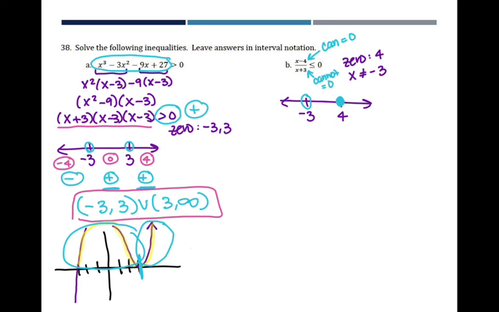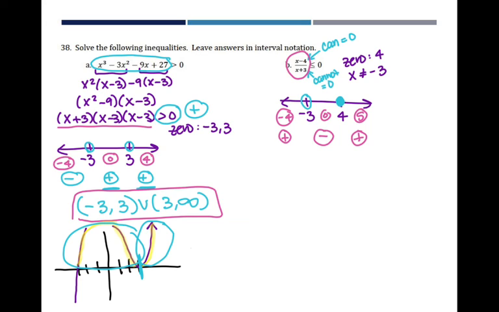So let's go ahead and pick some test points. Let's see, I'm going to go with -4 and 0 and 5. And when I plug those in, and again, I'm plugging it into here, when I plug in -4, that gives me a value that is positive. When I plug in 0, I get a value that's negative. And when I plug in 5, I get a value that's positive.